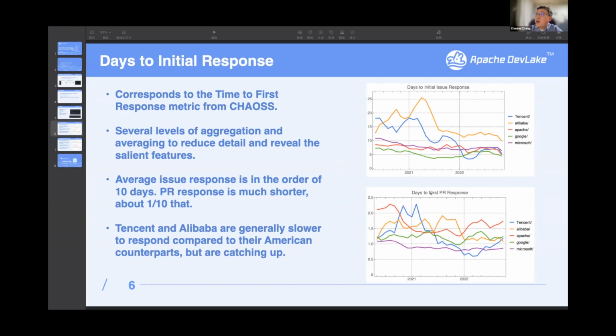Its time to first pull request response is reducing from more than 2 days in 2021 to around 1 day, especially after 2022.